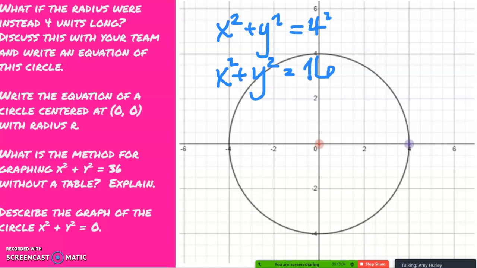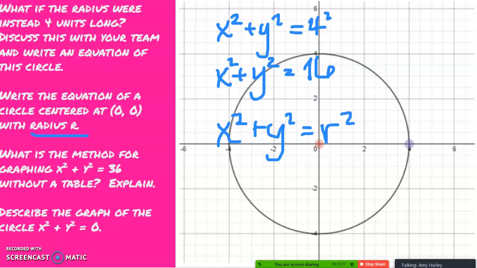Now it says write one with a radius of r. Go ahead and try that. Write me an equation of a circle with a radius of r. Hopefully you got x squared plus y squared equals r squared.